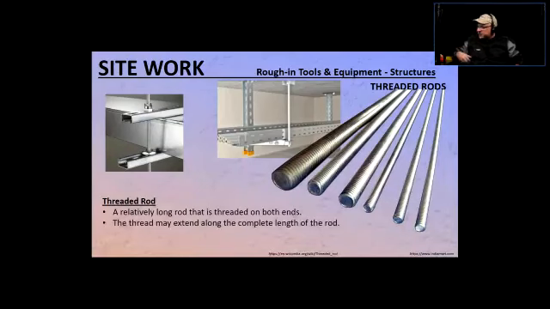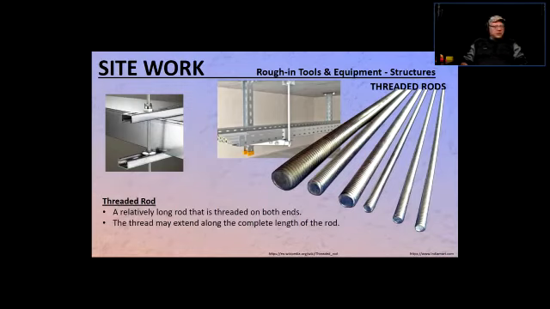All right, so let's keep going with the next slide. Press some buttons. So we're talking about mounting the J hooks or cable trays or any sort of raceways, or as a matter of fact, any other ceiling structures or structures, period. Threaded rods.